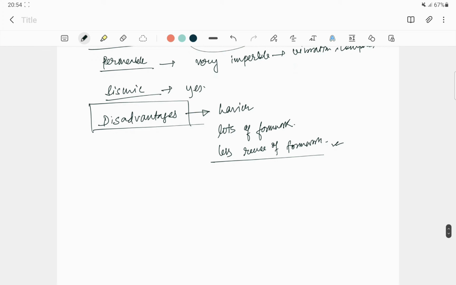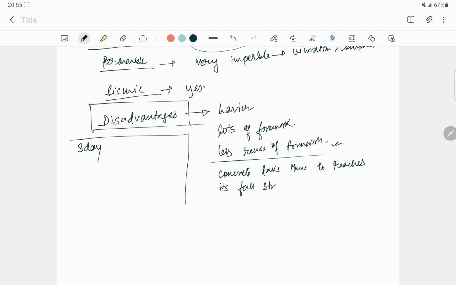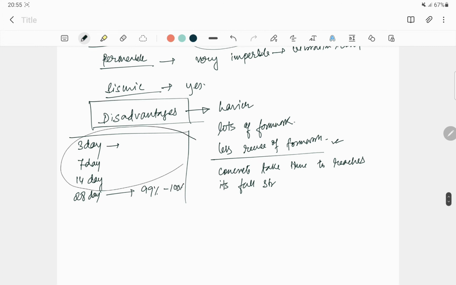And concrete takes time to reach its full strength. When I cover the IS code, there is mention of 3-day strength, 7-day strength, 14-day strength, 28-day strength. In 28 days, they achieve 99% to 100% strength, but in the first 3, 7, 14 days, they do not achieve the full strength.